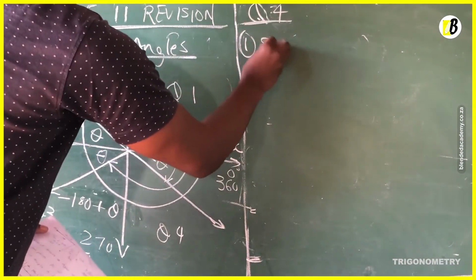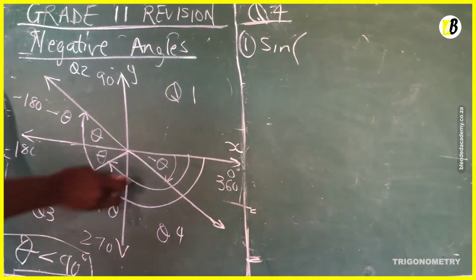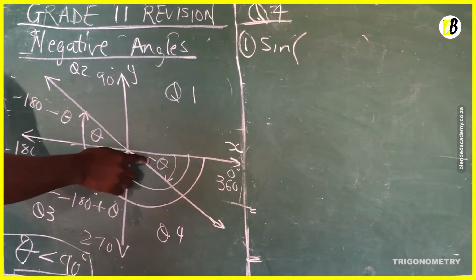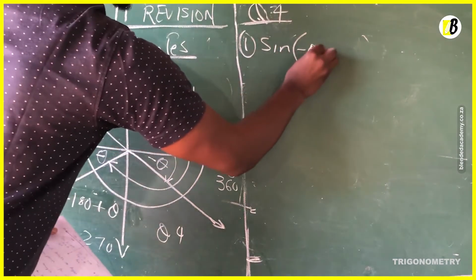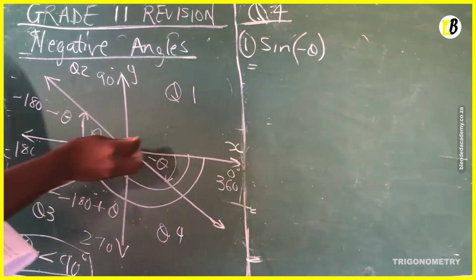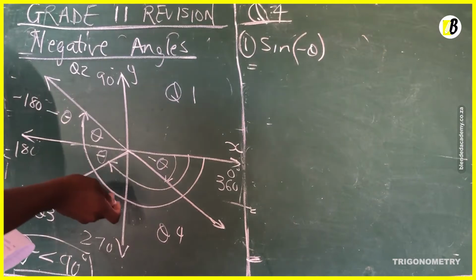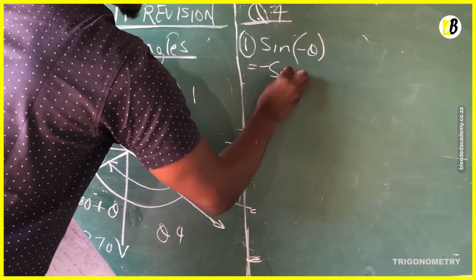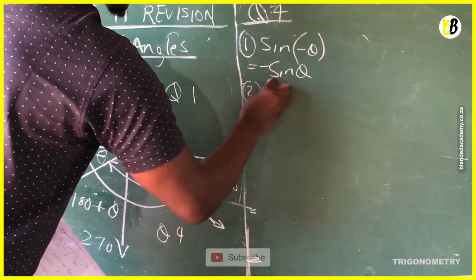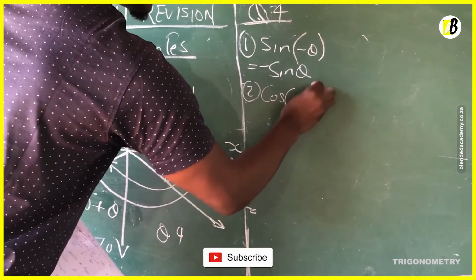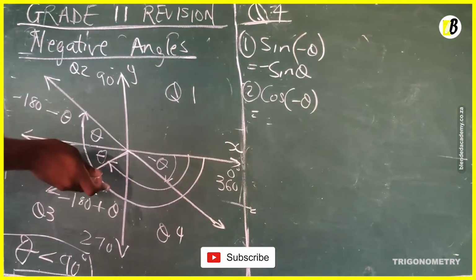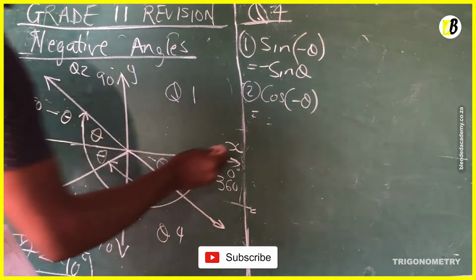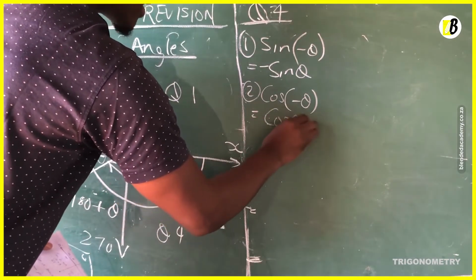The first one, let's work with sine, and the angle in the fourth quadrant is minus theta. So it's sine of minus theta. This one is going to give us a negative because we know that in the fourth quadrant, sine is negative, so minus sine theta. And then moving on to cos of minus theta. Cos in the fourth quadrant is positive, so it's going to give us plus cos theta.